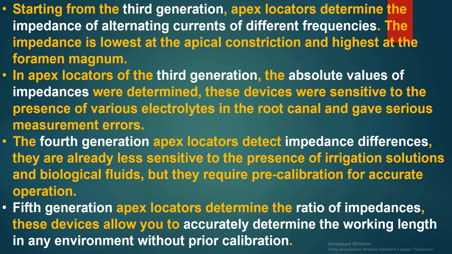Fifth generation apex locators determine the ratio of impedances. These devices allow you to accurately determine the working length in any environment without prior calibration.